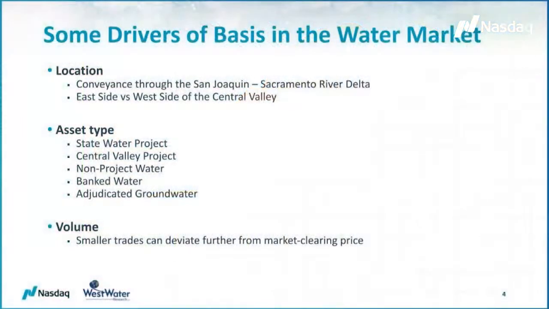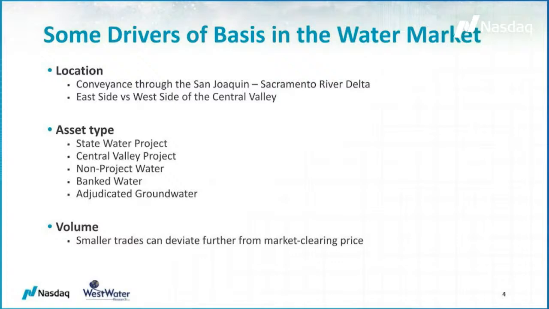We try to address some of the systematic differences that we know to be persistent and material, differences that are really reflective of different circumstances facing buyers and sellers of a particular asset or that are located in a particular part of the state.